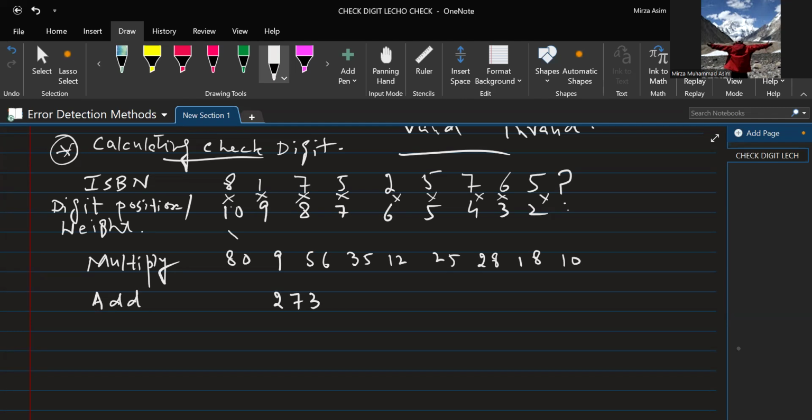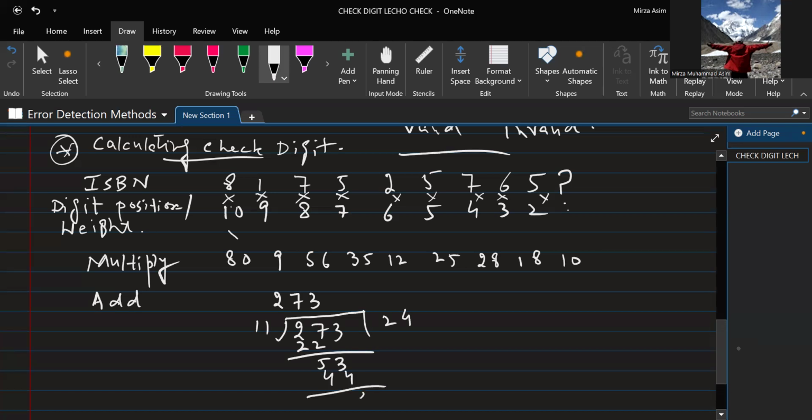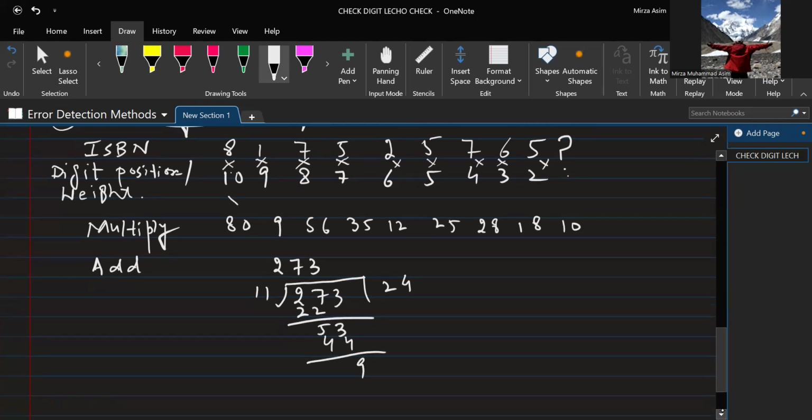So that's correct, I guess. So in the fourth step, we add all the numbers after multiplication. Then we have to divide 273 by 11. Why 11? I'll tell you after this, right? 11 twos are 22, so we have 53, 11 fours are 44. What is the remainder here? 9. So 9 is the remainder.